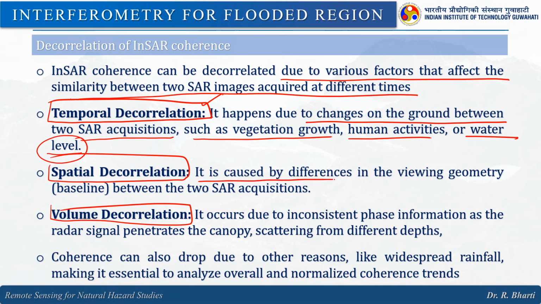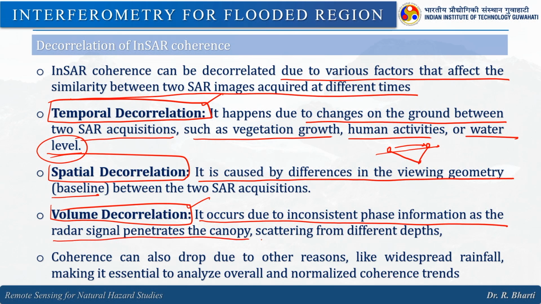Spatial decorrelation is caused by difference in the viewing geometry, the baseline, because we are talking about two measurements of the same area from two different positions. Volume decorrelation occurs due to inconsistent phase information as the radar signal penetrates the canopy, scattering from different depths.